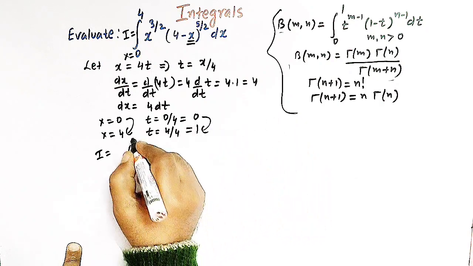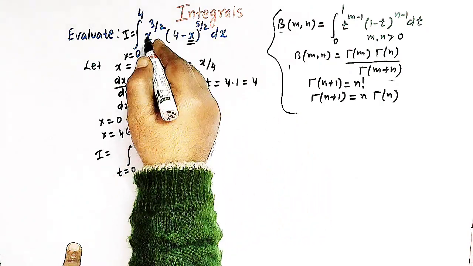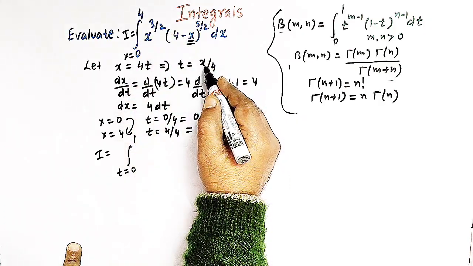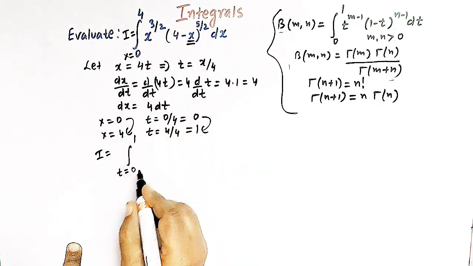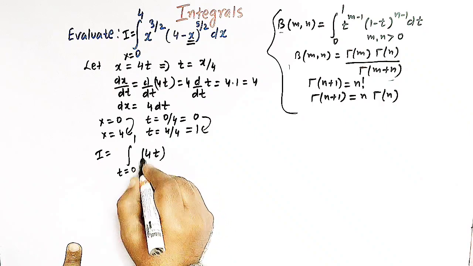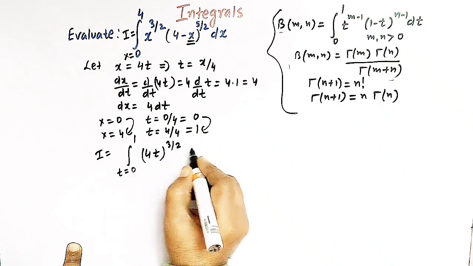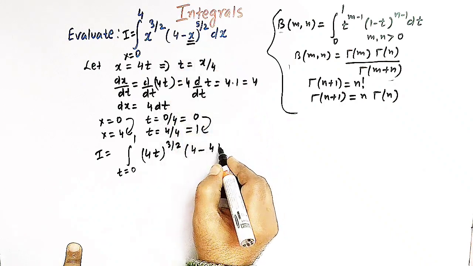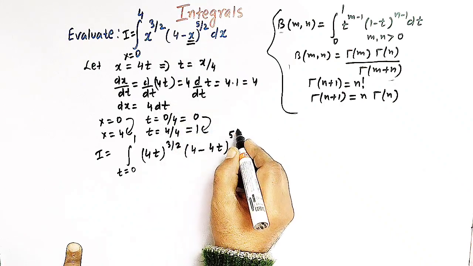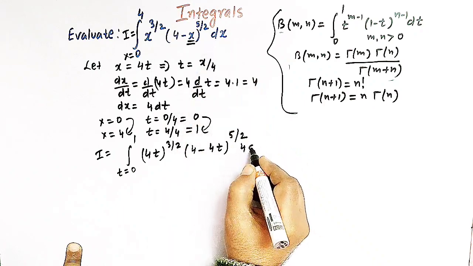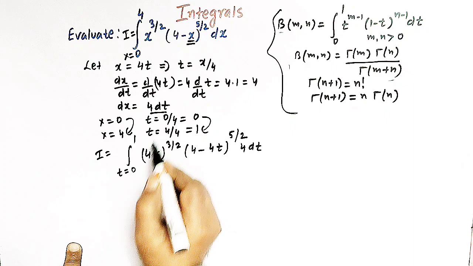So we have here 0, here we have 1, and x raised to 3 by 2. So x is given by 4 times t. So we can now write 4t raised to 3 by 2. Then we have 4 minus x, which is 4 minus 4t, raised to 5 over 2, and dx is given by 4 times dt, right?